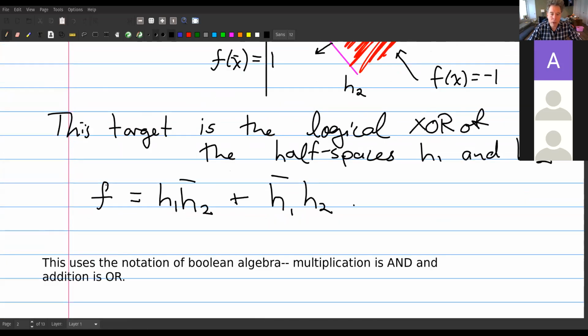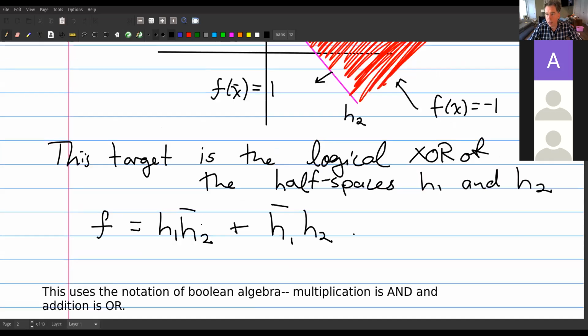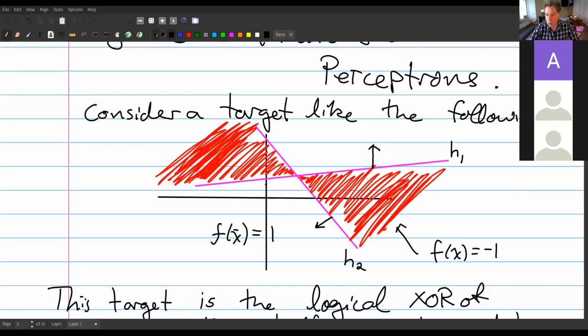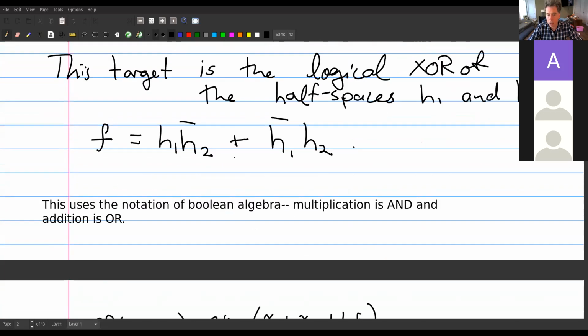So anyway, let's write down this target function, which is the exclusive OR of two half spaces, H1 and H2. I'm using the notation of Boolean algebra here. Where I write H1 next to H2, that means and. This region would be H1 and H2. But when I put this bar on the top, that means not. So this is H1 and not H2, and plus means or.